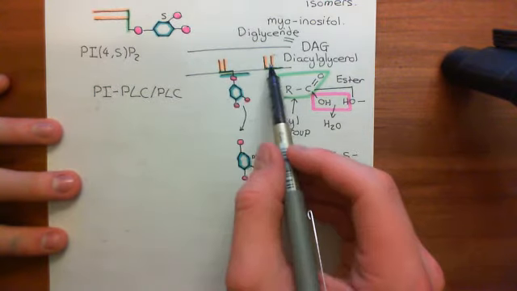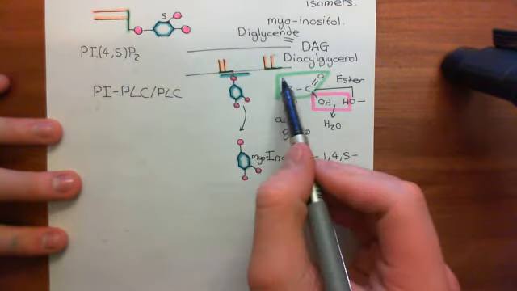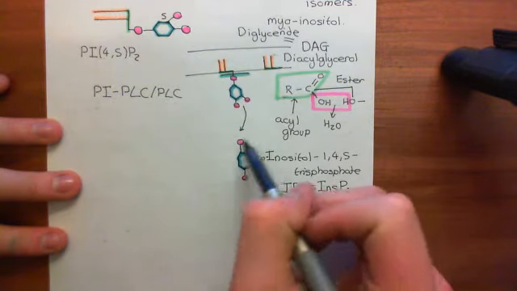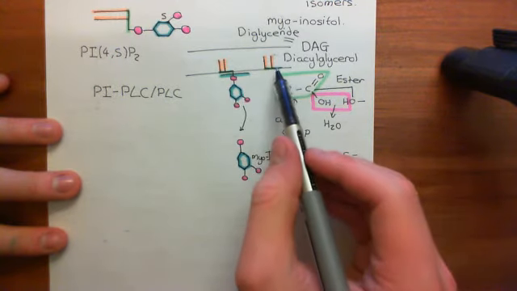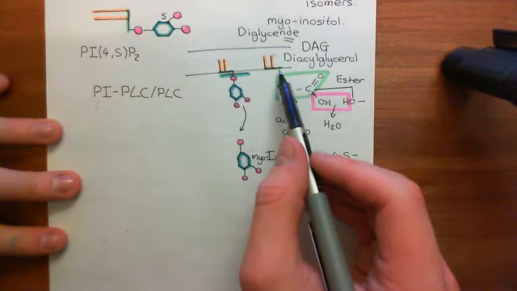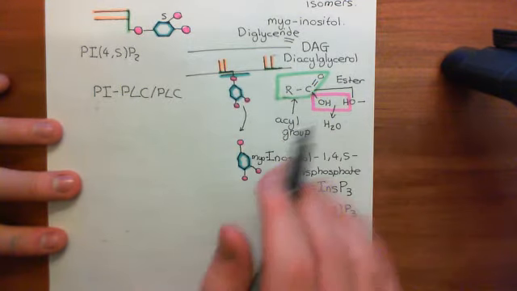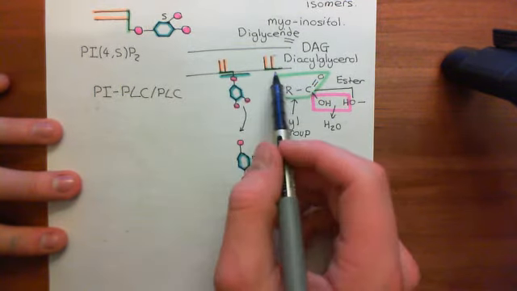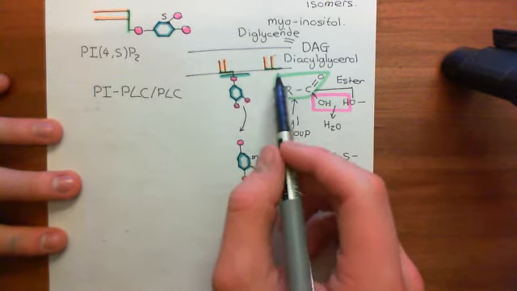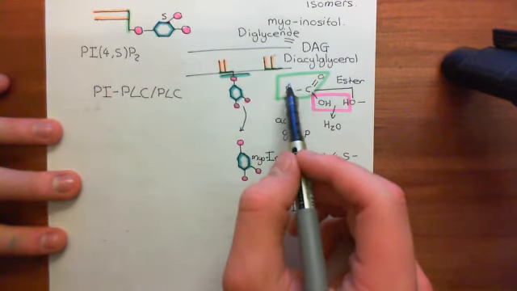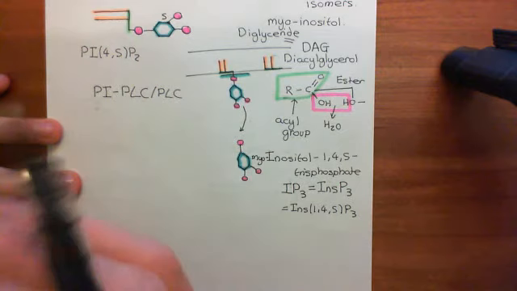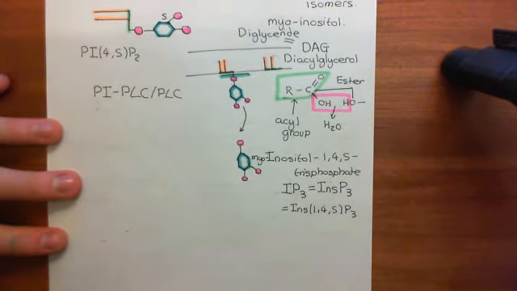Okay. Diacylglycerol, along with the calcium signal that's being produced by the IP3, activates protein kinase C enzymes. Okay, calcium also does a load of other stuff, but one of its functions, along with the diacylglycerol, is to activate protein kinase C enzymes, and then they go on to phosphorylate all sorts of protein targets.